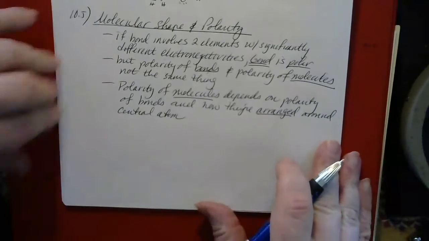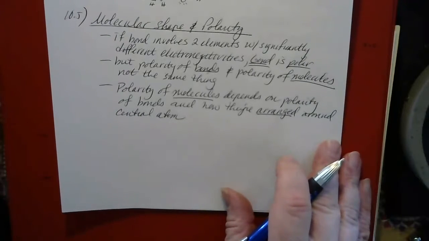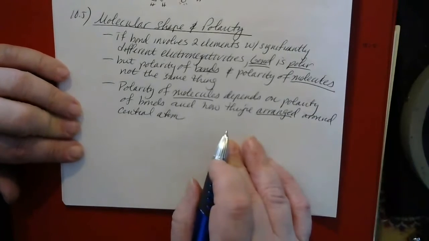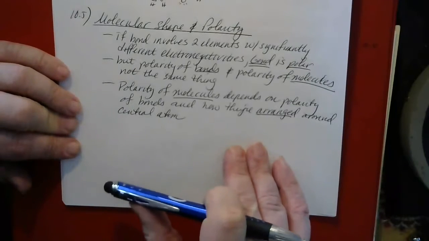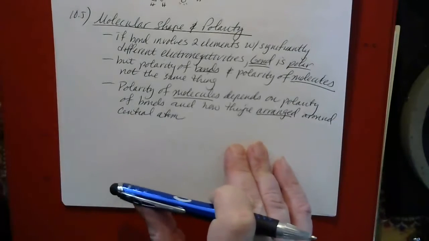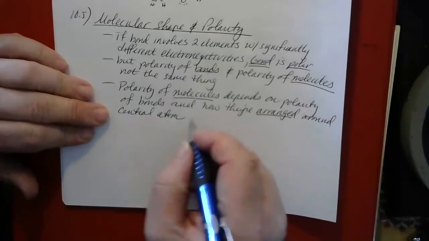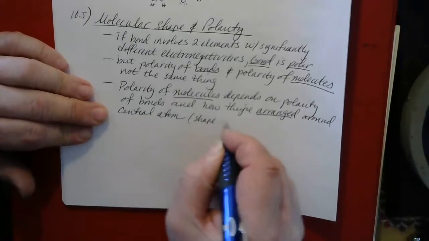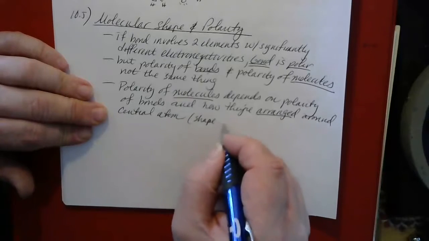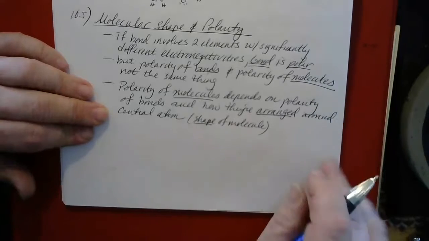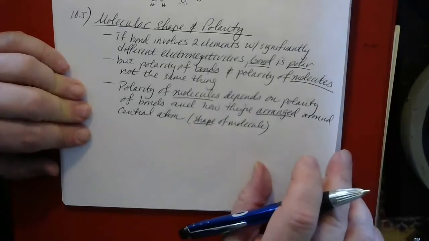It's entirely possible to have polar bonds in a molecule that are arranged in a way that their polarities cancel each other out. And so that's why we have to consider how they're arranged as well as whether they're polar or not. In other words, it also depends on the shape of the molecule.